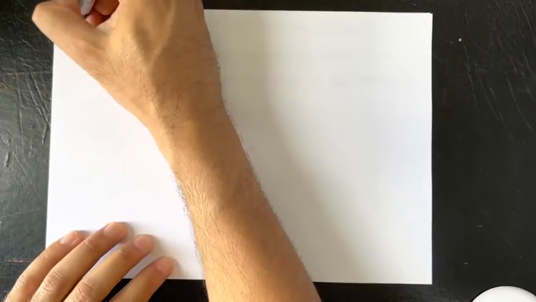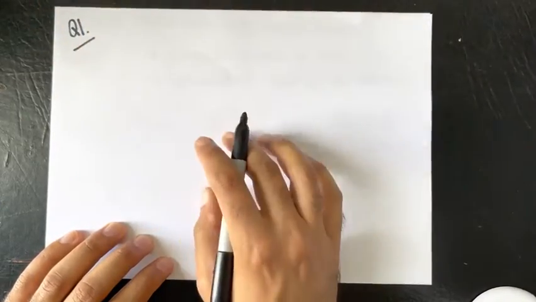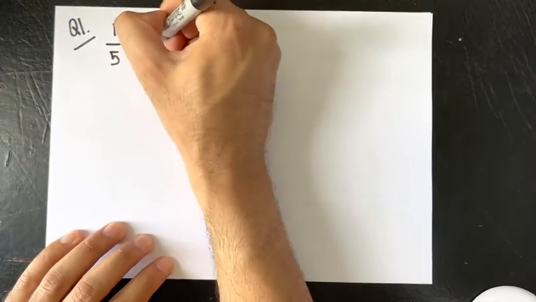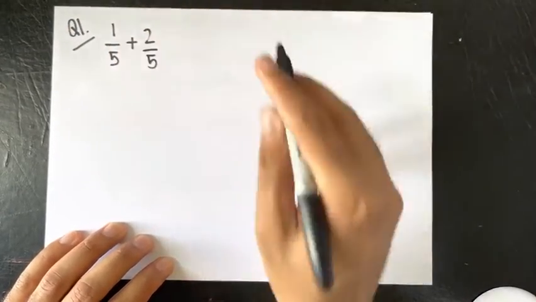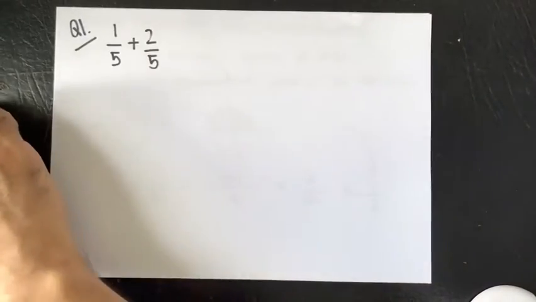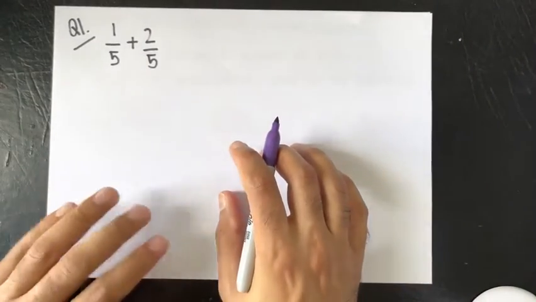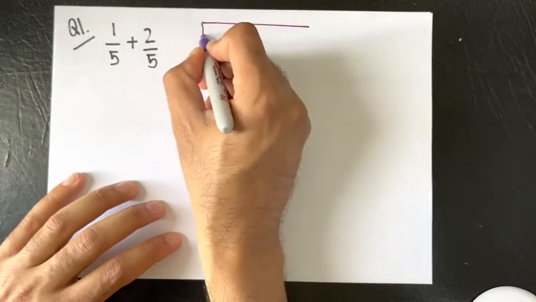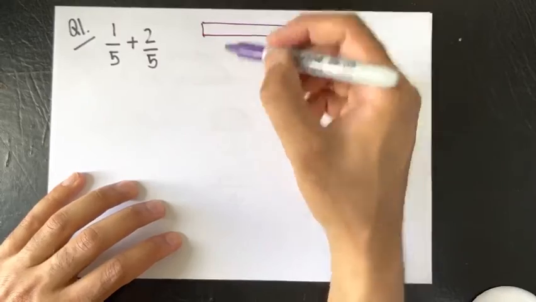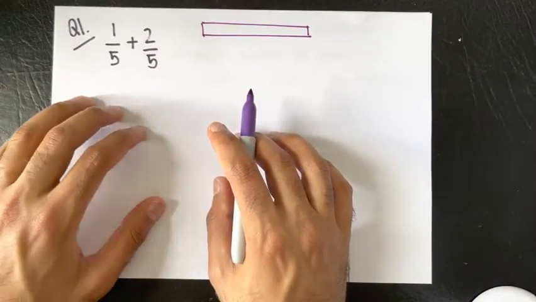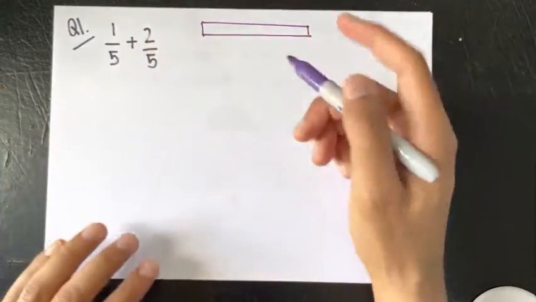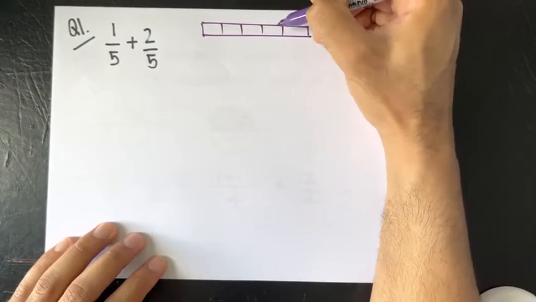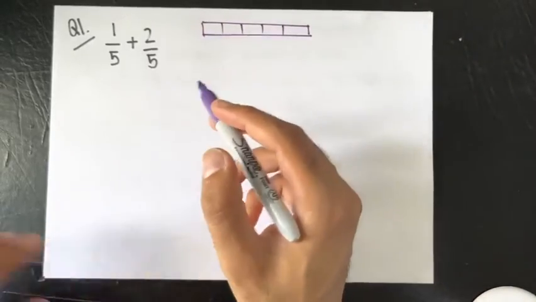So we'll go 1/5 plus 2/5. Okay, so I'll use something slightly different. I'll use a block and divide the block up. So with proper fractions, the block is divided equally into 5 parts. 3, 4, 5.